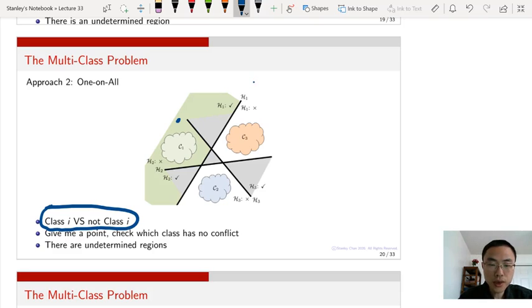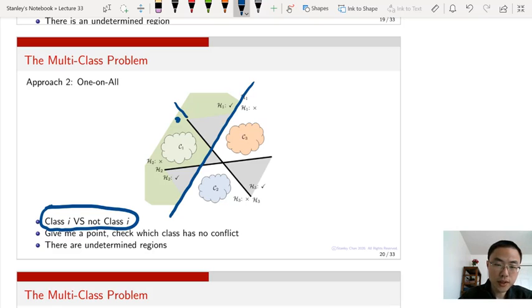So you're going to look at this line, and this line is the classifier for C1 compared to anything else that is not C1. Okay, so if you look at this point, it says that it's C1 and it's not C2 and it's not C3. So it is one versus all. And then you can also draw the other lines.